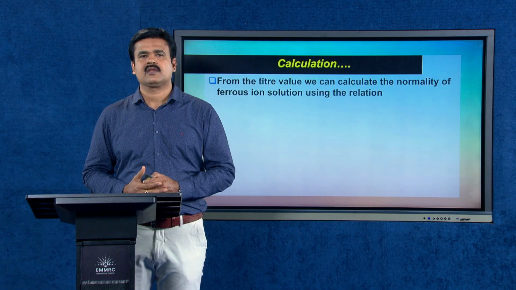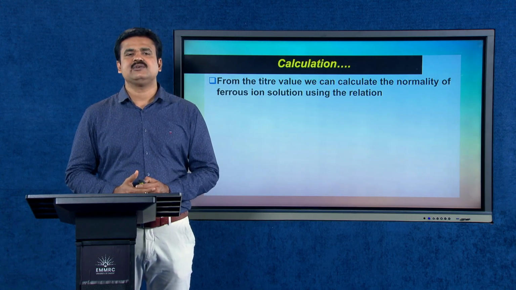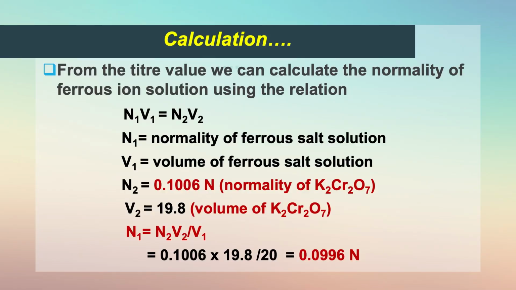Thus, from the titer values, we can calculate the normality of ferrous iron solution using the relation N1V1 equal to N2V2, where N1 stands for normality of ferrous salt solution, V1 represents volume of ferrous salt solution, N2 is already known, that is equal to 0.1006 normal, which is the normality of the K2Cr2O7 solution.